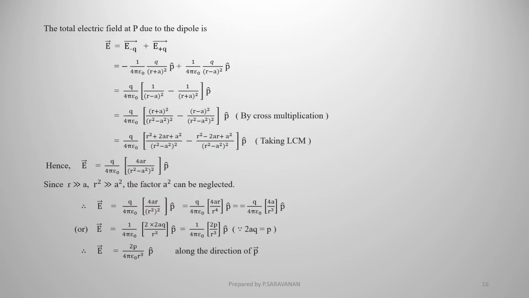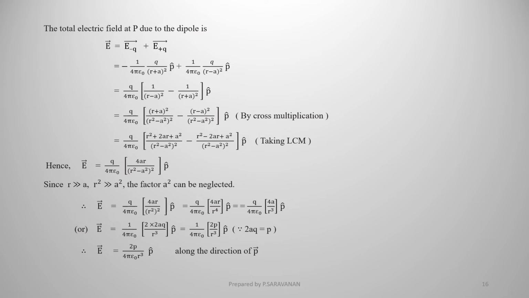Total electric field at P due to the dipole is given by E vector equal to E minus q vector plus E plus q vector, and that is equal to minus 1 by 4 pi epsilon naught into q by (r plus a) the whole square into P cap plus 1 by 4 pi epsilon naught into q by (r minus a) the whole square into P cap.